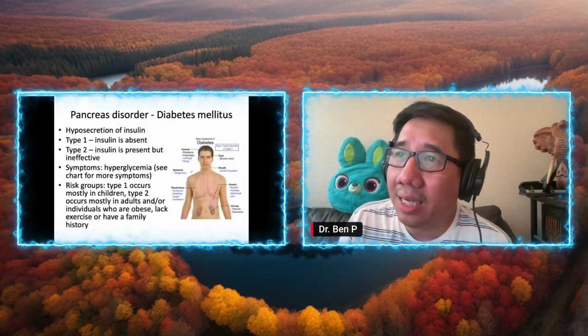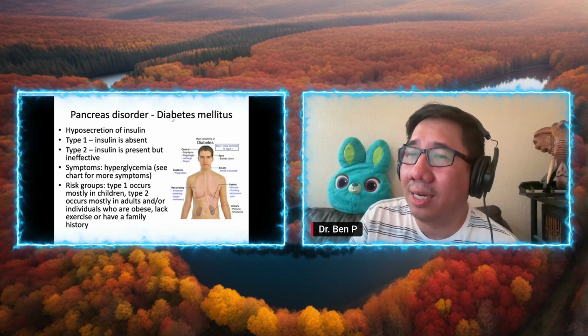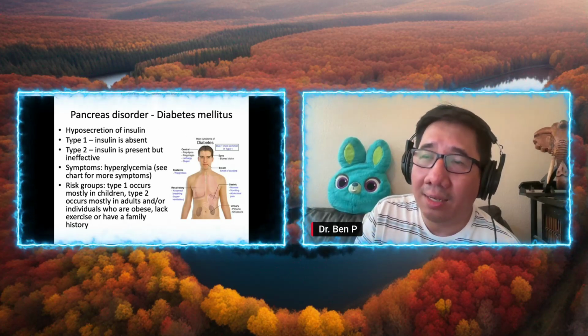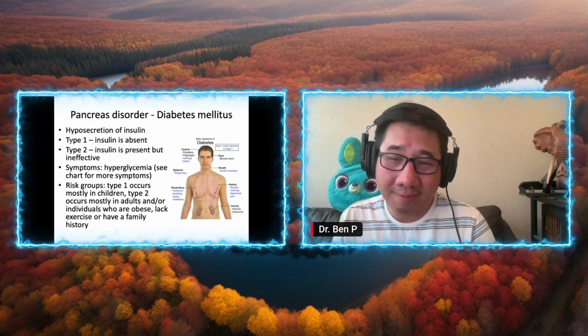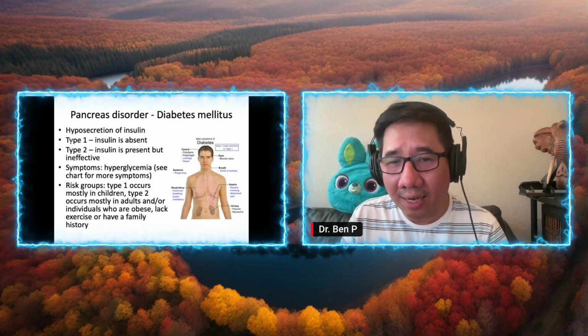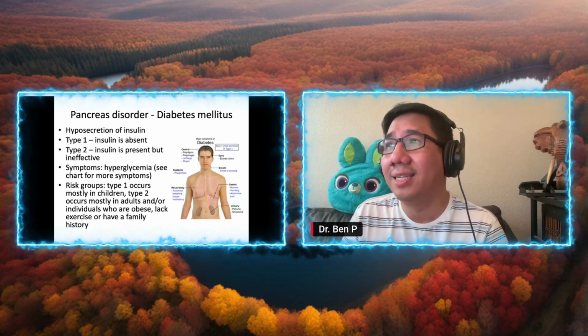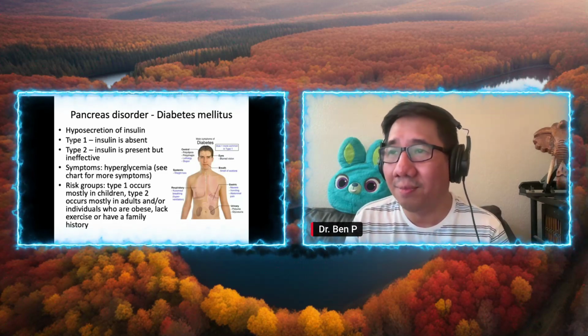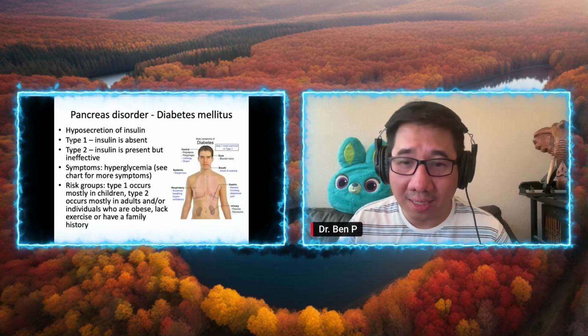So diabetes mellitus, this is your diabetes. You have two types, actually more than two now. You have the one during pregnancy, when you're pregnant and your sugar goes up.